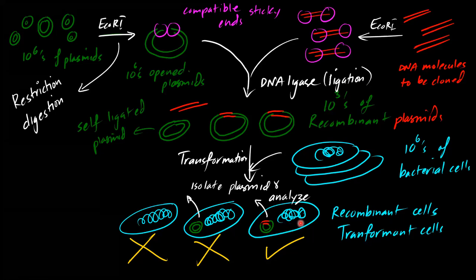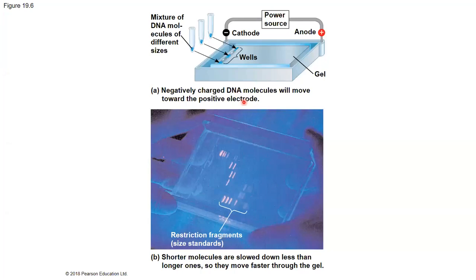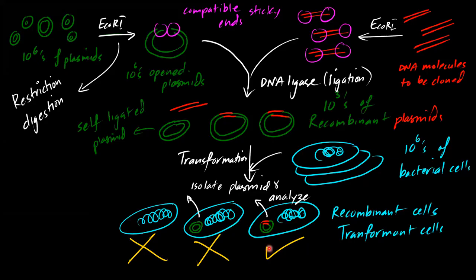So I want this bacteria. I don't want this bacteria or this bacteria. So one way is to take the plasmid from this bacteria and the plasmid from this bacteria and analyze the plasmid by a technique called gel electrophoresis.